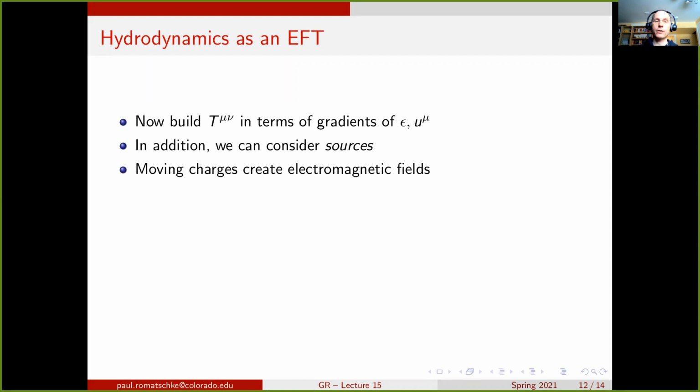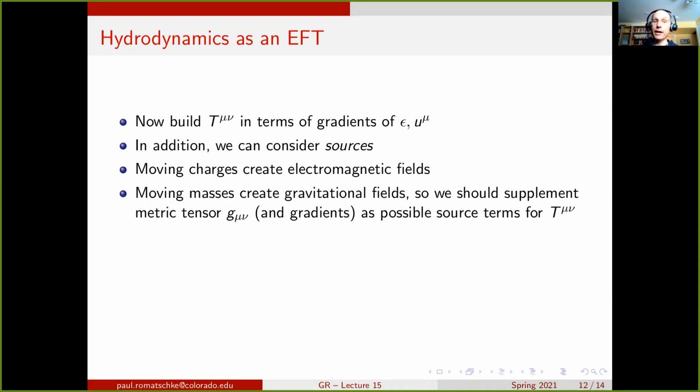We said that for moving charges, which create electromagnetic fields, we should include the electromagnetic fields in the description. Here we have moving masses, moving energy density, so we expect that there will be associated gravitational fields generated from these moving objects. So we should supplement the metric tensor g_{μν} as well as its gradients as possible source terms for the energy-momentum tensor.